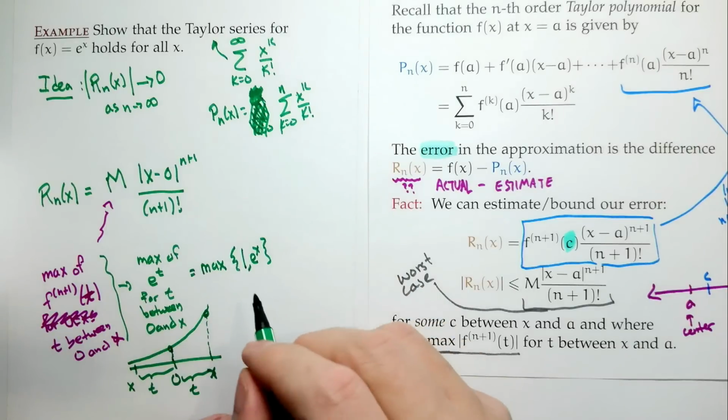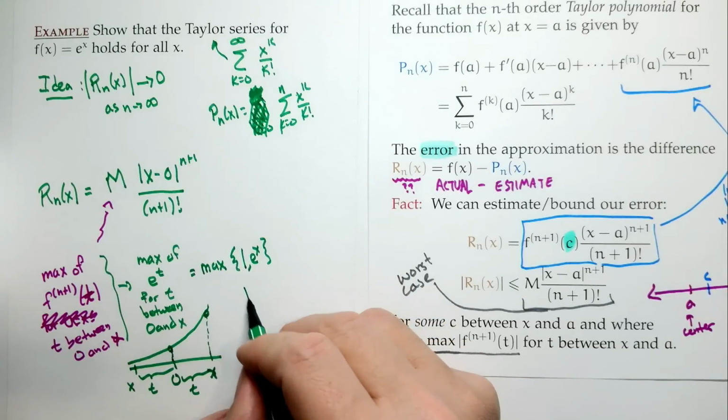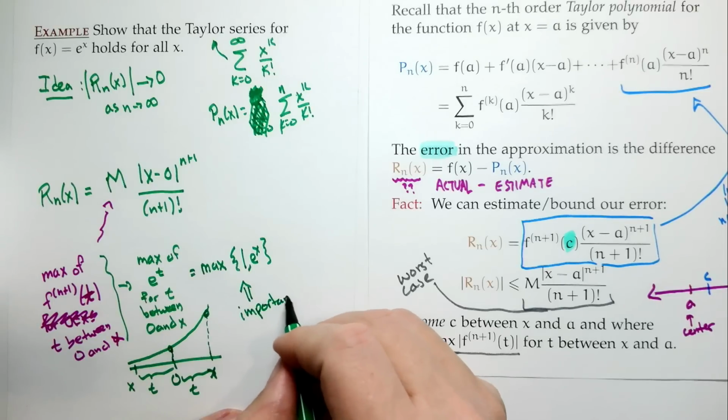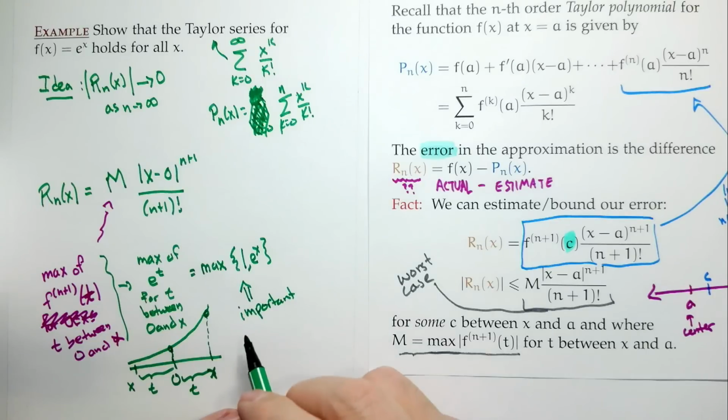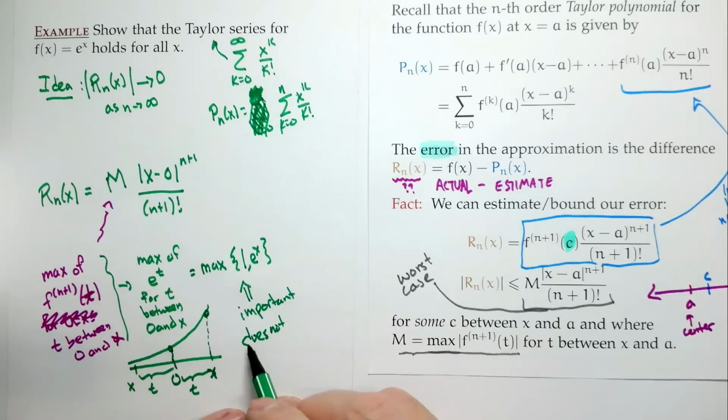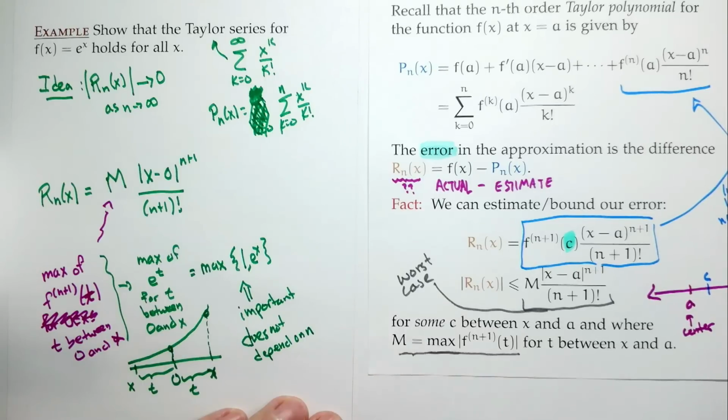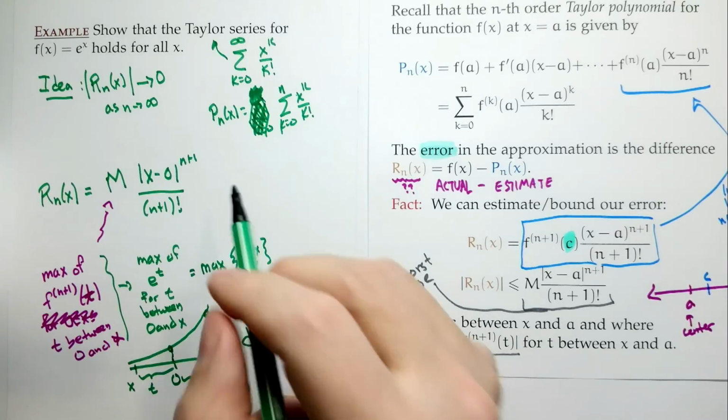Okay, but key idea, and this is important. In fact, you can tell it's important because I'm writing the word important. So that's how you know it's important. It does not depend on n. In other words, it doesn't matter which derivative I'm looking at. It still is the same thing.